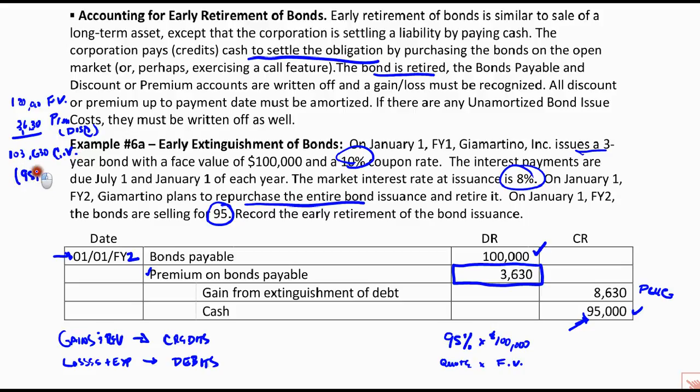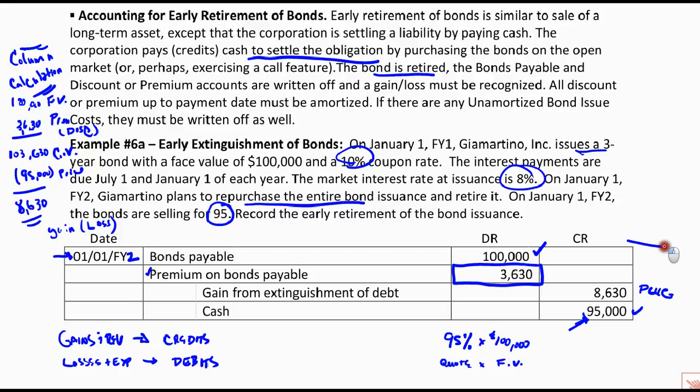Less the price to retire, and that gives you 8,630, which is gain, or if it would have been less, a loss. So this one is a gain. So you'll see this is a column calculation in your textbook, and that's a great way to do it.